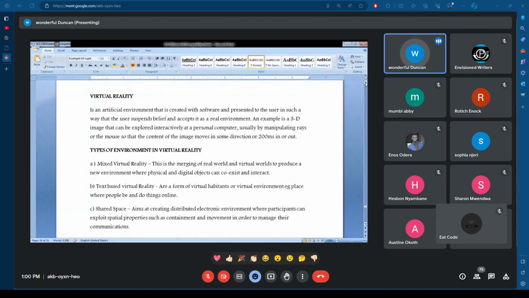And even when we come to virtual reality, there is a physical environment that simulates the physical environment and forms a new environment, what we are calling virtual reality. And whatever we can achieve, even in a virtual environment, you can achieve a lot.